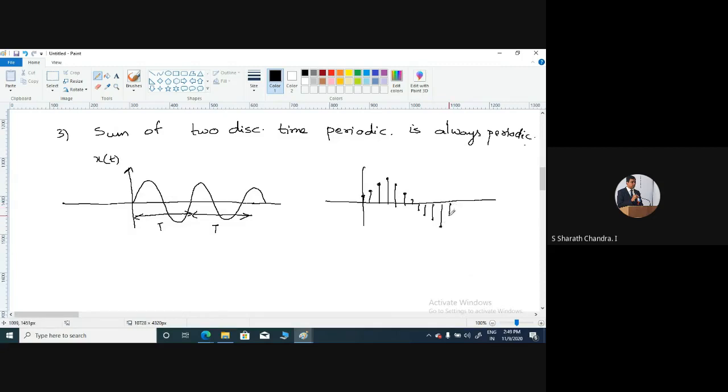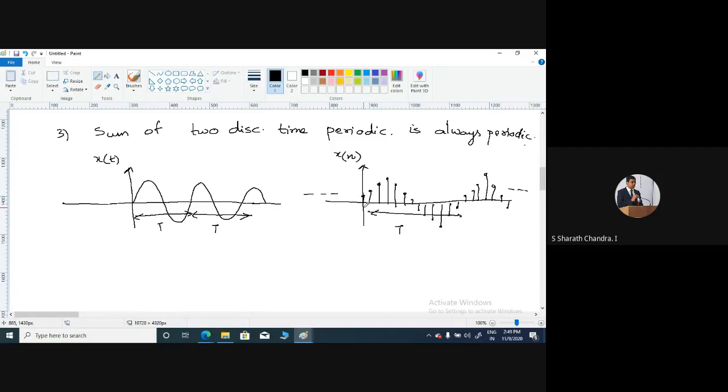In this case, these kinds of sequences are repeating with respect to time after every T seconds, therefore we call such signals discrete time periodic sequences.